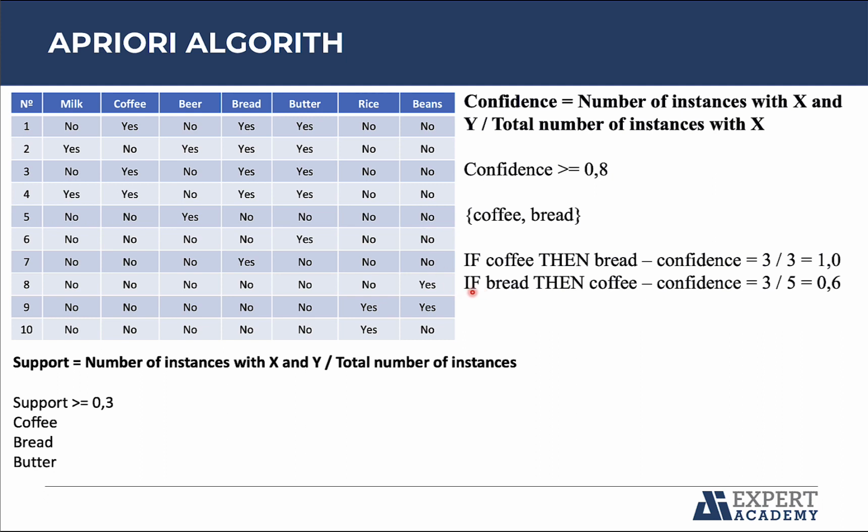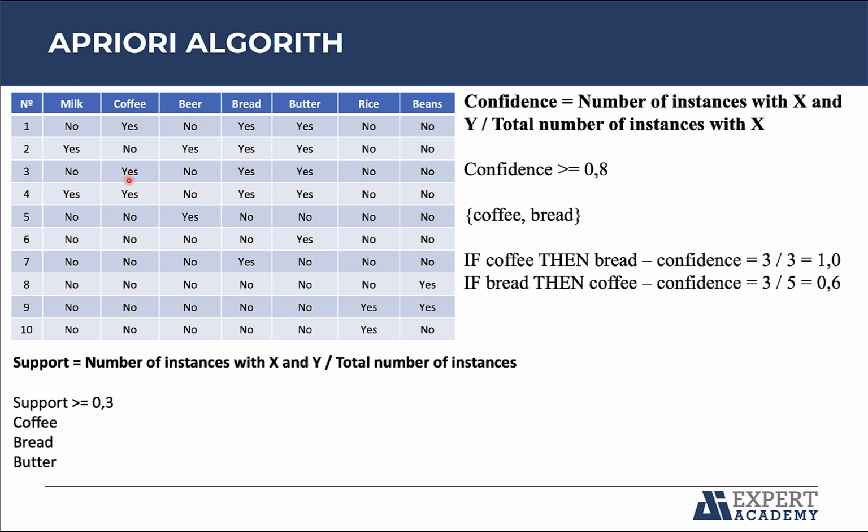The other rule, if bread is bought, then coffee is also bought. The confidence is only 60%. Number of instances with X and Y, bread and coffee together. We can see here the first instance, the third instance, and the fourth instance.